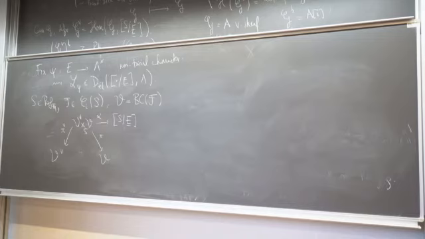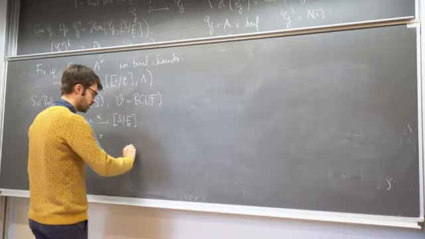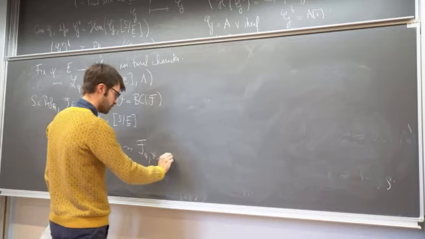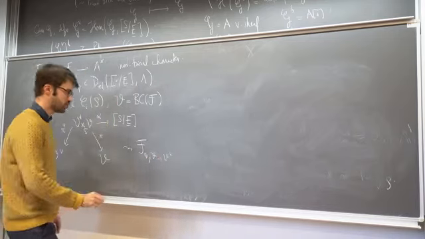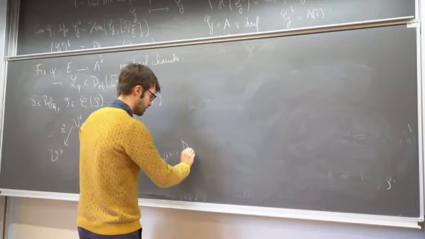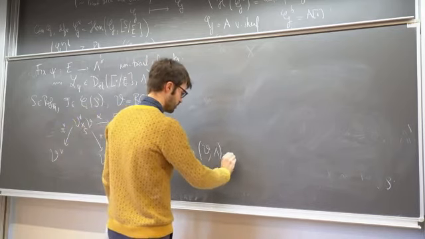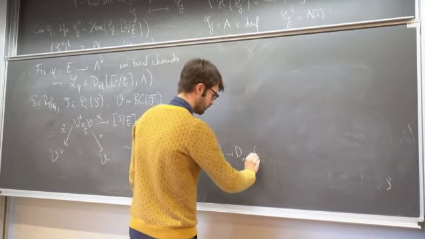And so to define the Fourier transform attached to this, you just do it: it goes from D hat of V, Lambda to D hat of V dual, Lambda.